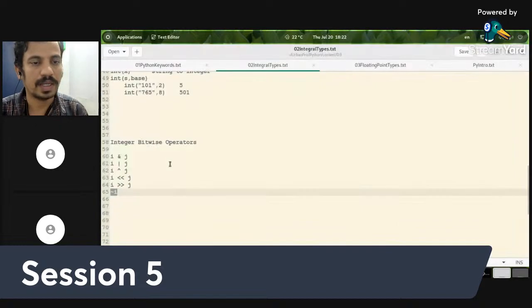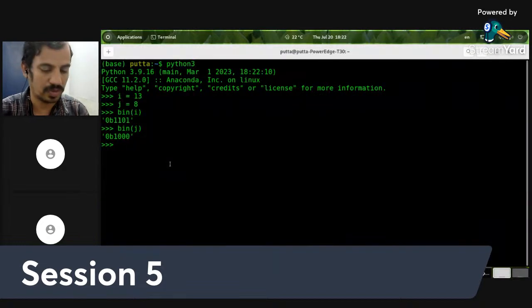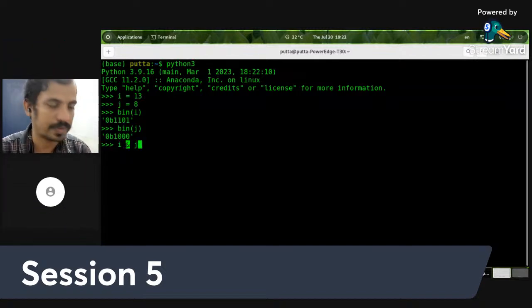Let's do I and j. This symbol, single ampersand, is called the bitwise AND operator.